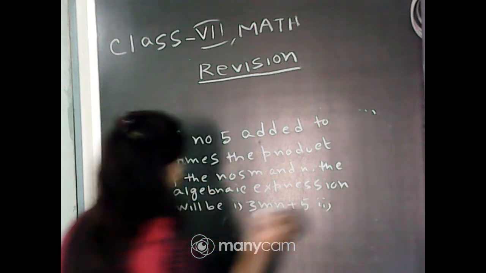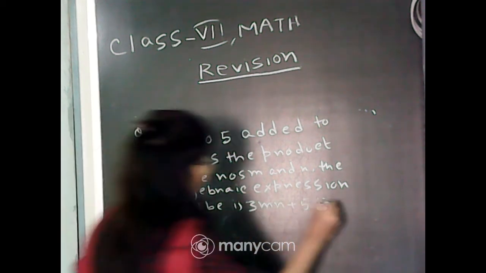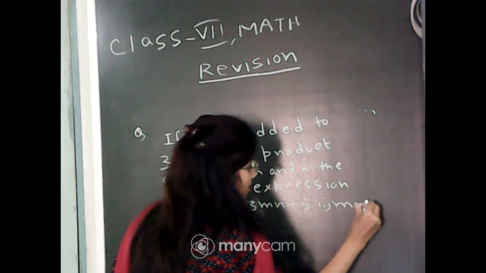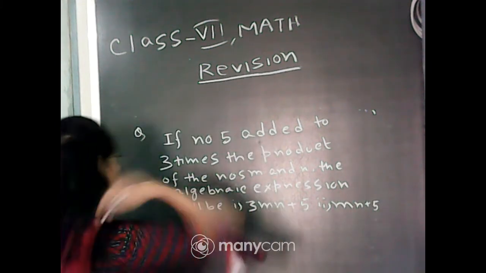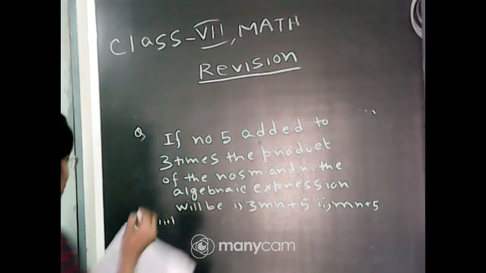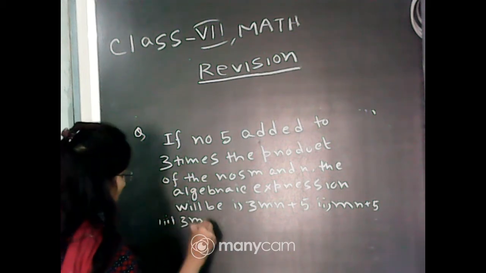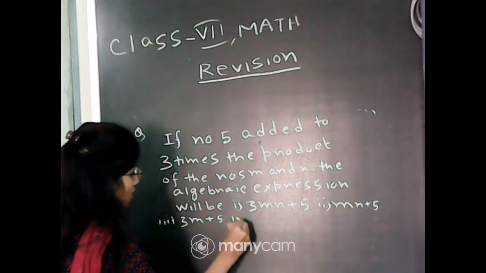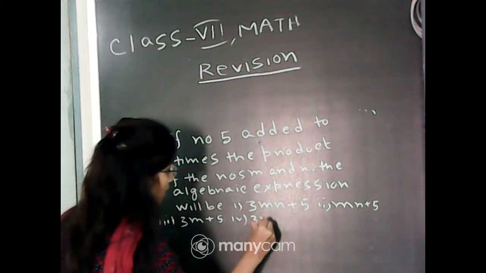Next option is mn plus 5. Third option is 3m plus 5, and fourth is 3n plus 5.